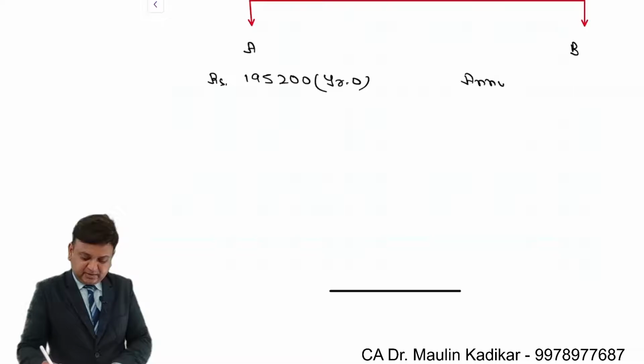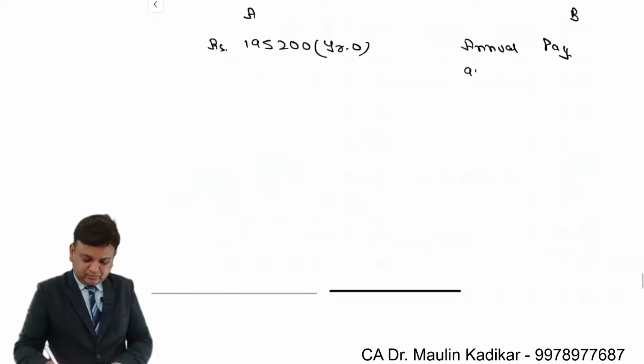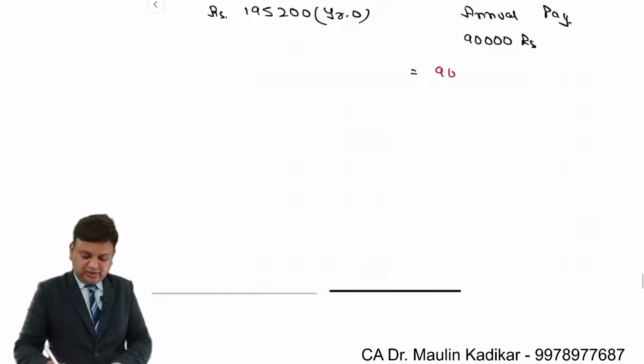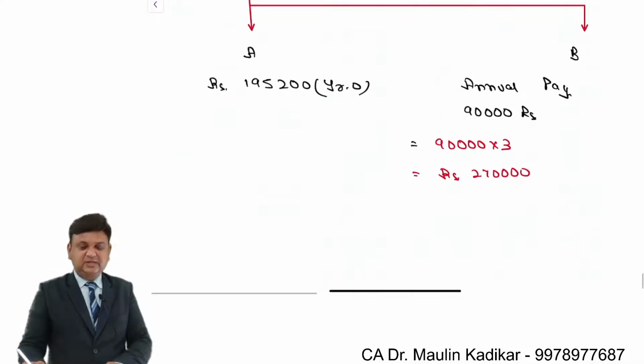So annual payment, 90,000 rupees. So what will happen, friends? 90,000 into 3. That comes to 2,70,000.